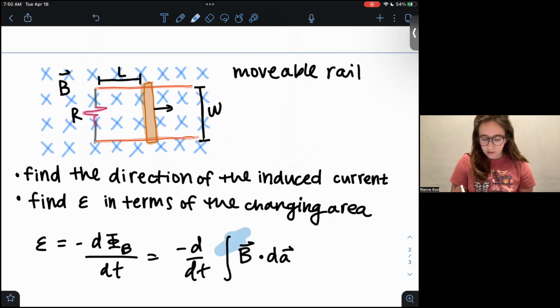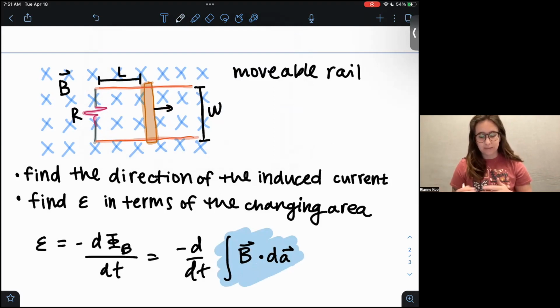This right here is our equation for phi, our magnetic flux. And since we're trying to find the time derivative of that, the negative of that, to find the EMF, I wrote it like this. So when we're thinking about Faraday's law, we're thinking about a change in flux over time.